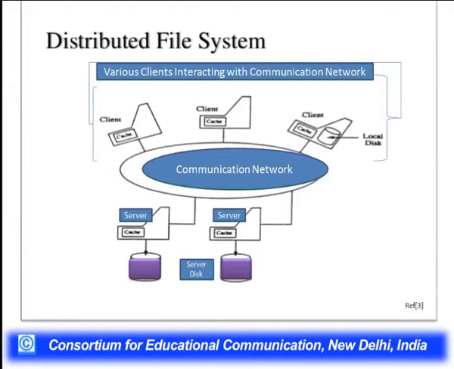These servers are also distributed at different geographical locations, and at the back end we have data centers which are again distributed. So in a distributed file system there is no centralized thing. All these servers are distributed, all the clients are distributed. So this is what a distributed file system looks like.